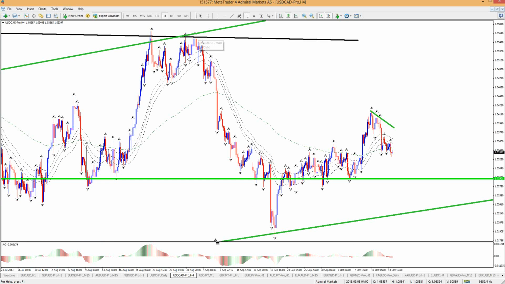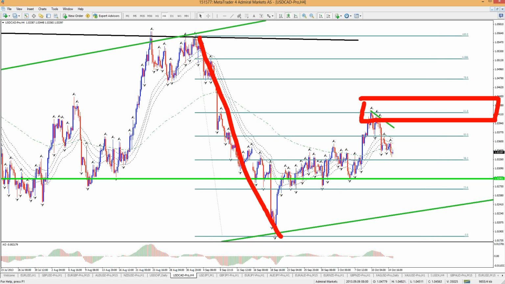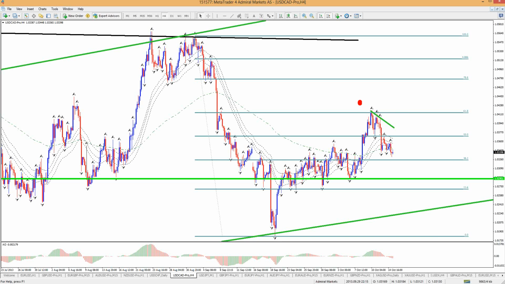If we put a fib on this entire downside, you can see why it's important to do that, because those fibs are potential resistances, and it stopped at the 618. So it respected that resistance and is now retesting this support. Why this support? Because the 4-hour support has already broken.